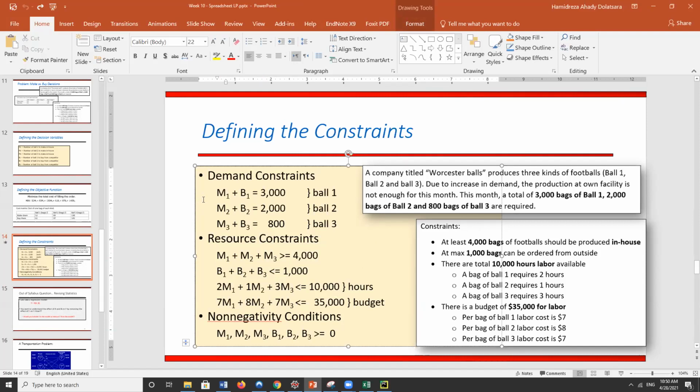Also, we have demand. We know that the demand for ball 1 is 3,000, so you either buy or make, and the summation should be 3,000. Same for ball 2: either you make M2 or buy, it should be 2,000, and the same for ball 3.